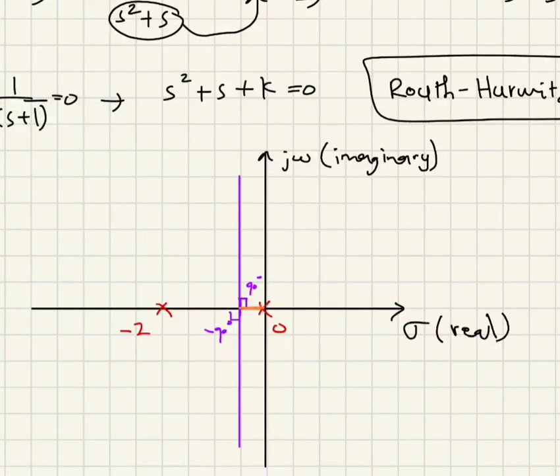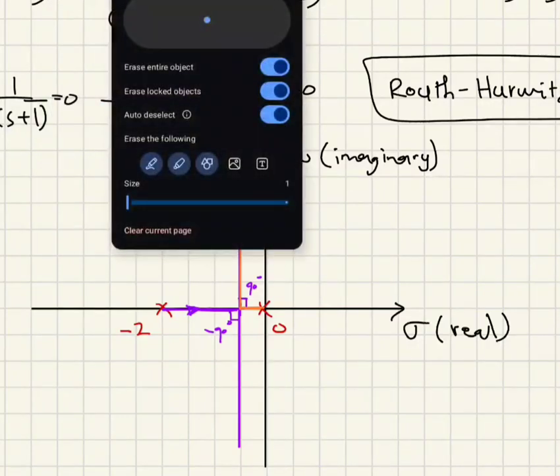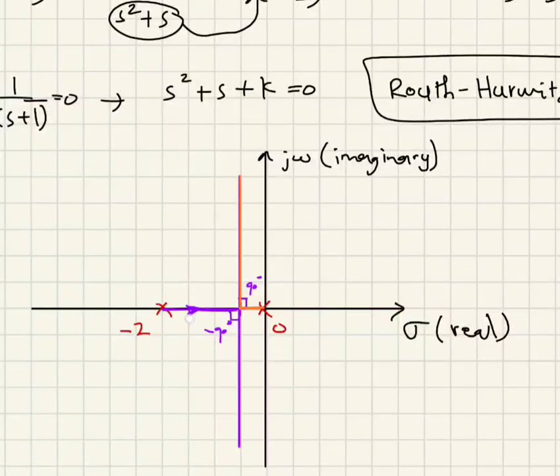So this goes up to here and then goes upwards, okay? And this goes up to here and then goes downwards. And for root locus, it's important that you draw the arrows, okay? Like this, let me draw a better one. Okay, so why is it not working?